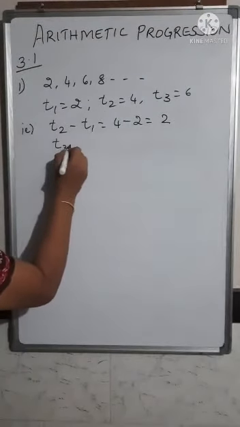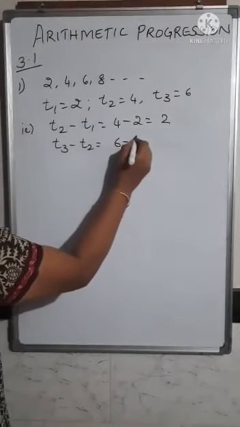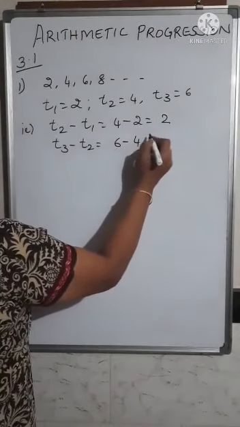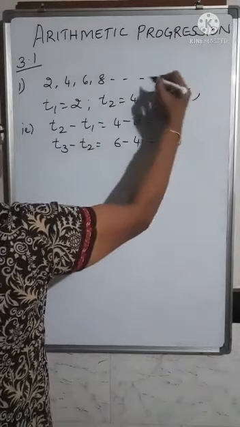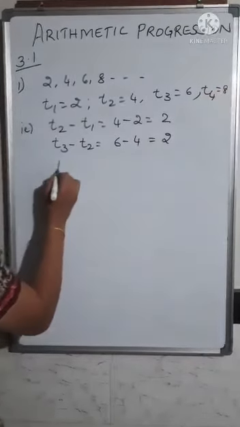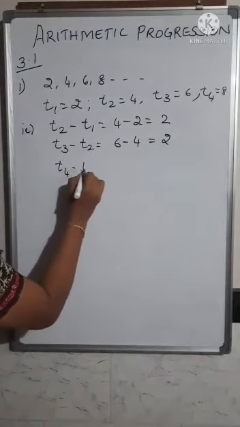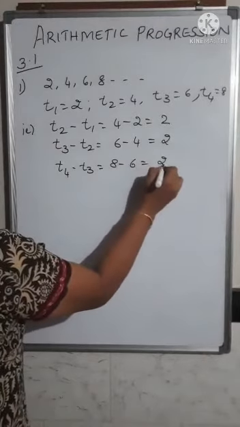Then T3 minus T2 is equal to 6 minus 4, which is again equal to 2. Now you can write that also, only 4 terms are given. So T4 is equal to 8. Now T4 minus T3 is equal to 8 minus 6, which is equal to 2.